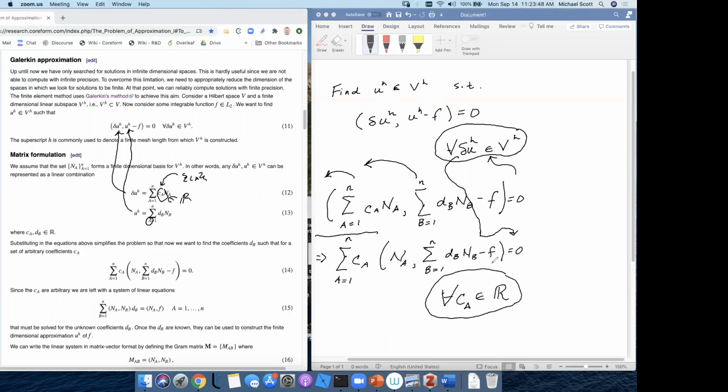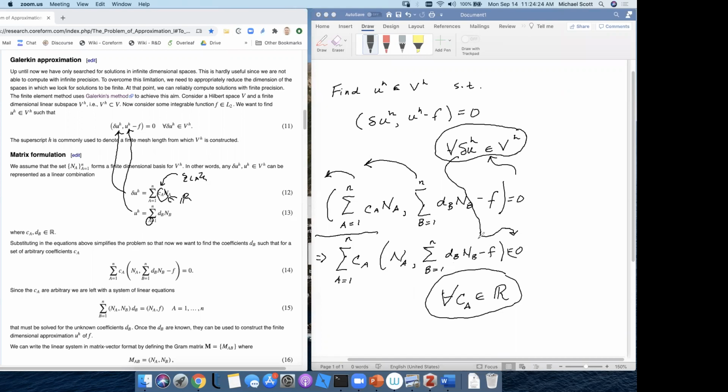Because what do you then know about this equation? If this whole equation has to be equal to 0 for every possible CA, then what must be true? Doesn't that mean NA and the sum are orthogonal?